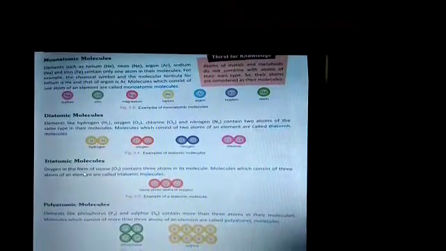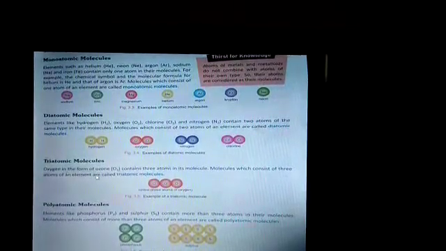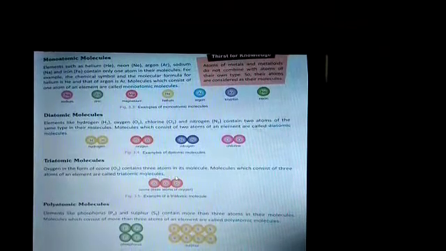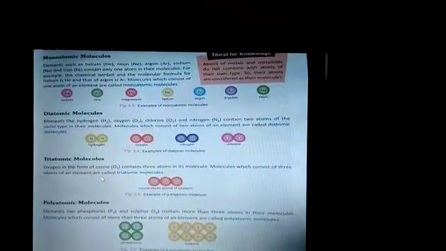The next is triatomic molecules. In triatomic molecules, the molecule consists of 3 atoms of the same element. An example is ozone. Ozone is composed of 3 atoms of oxygen and its molecular formula is O3. It is an example of a triatomic molecule.